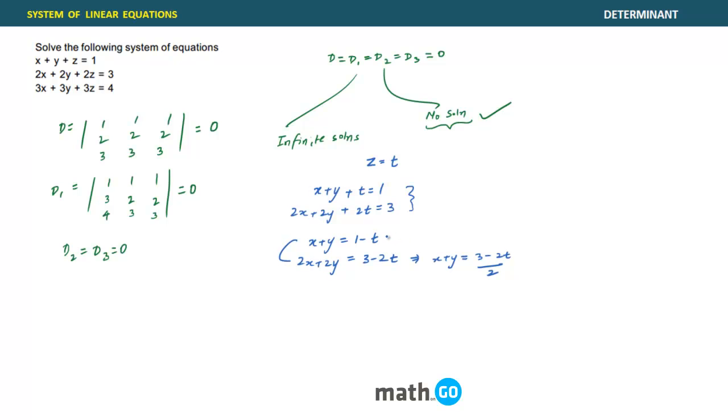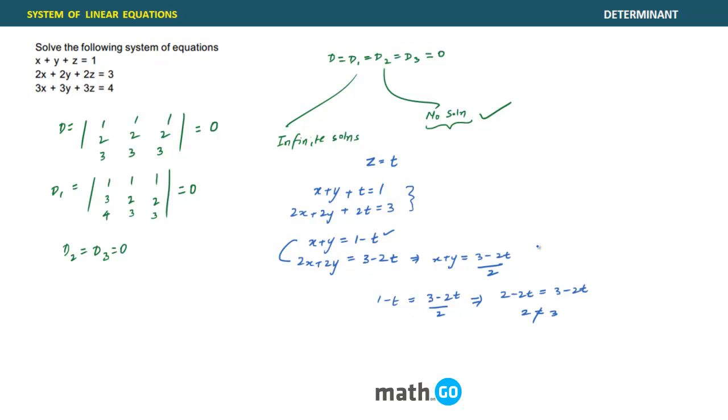You can see that the RHS of this and this should now be the same. So if you try and solve this, 2 minus 2t is equal to 3 minus 2t, and t cancels out and you get 2 equal to 3, which is never possible.